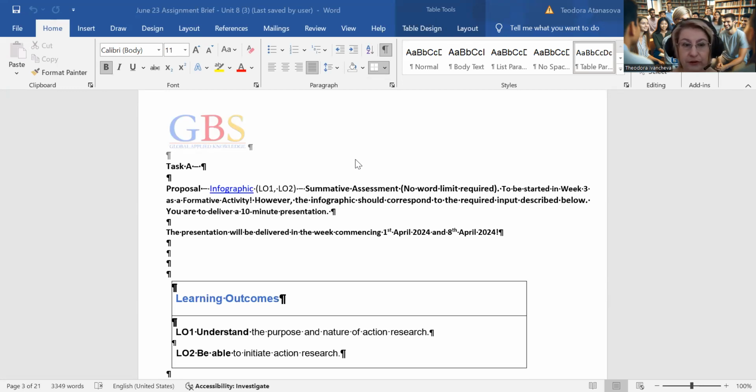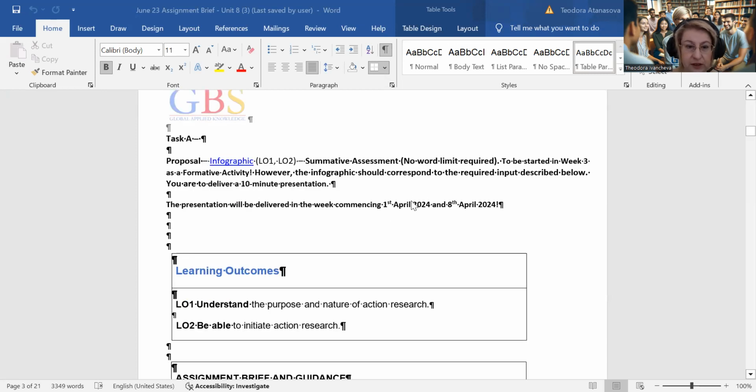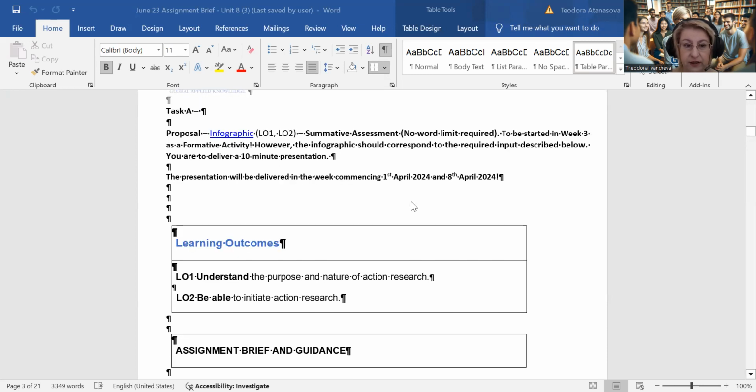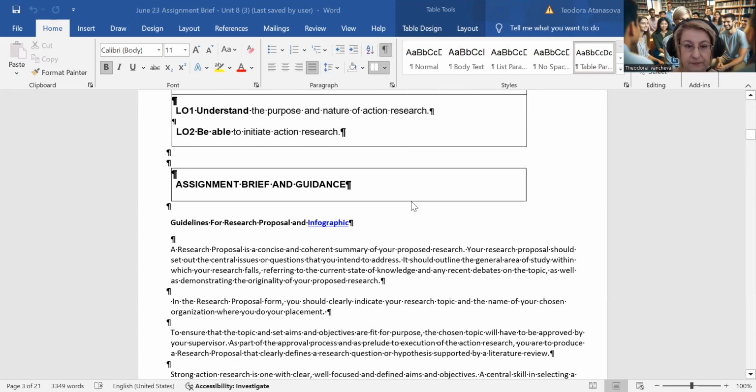You have a sample infographic and you should have gone through it with your lecturer during class studies. Good news about the infographic and this particular task is that there is no limit required. We have decided that we shouldn't restrict you to any word count since we expect you to produce an infographic rather than a word file test.